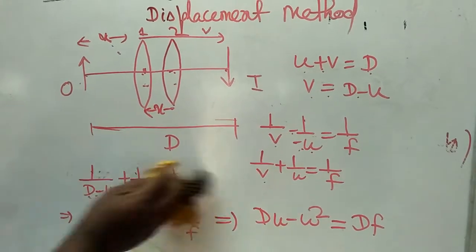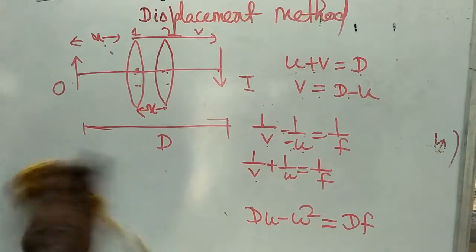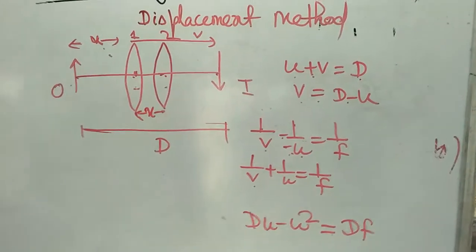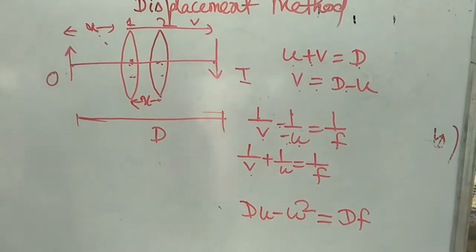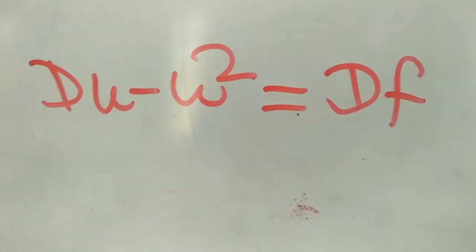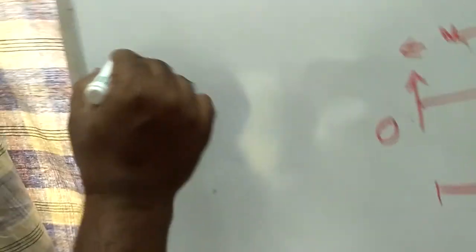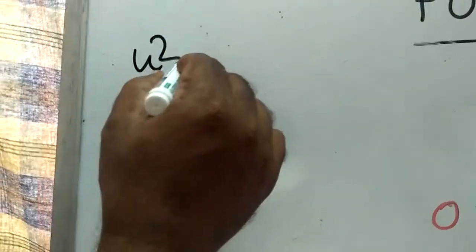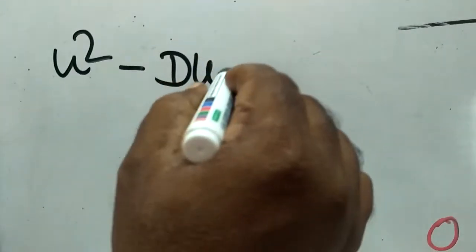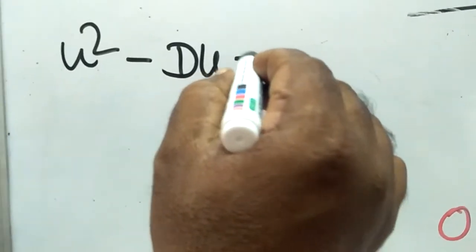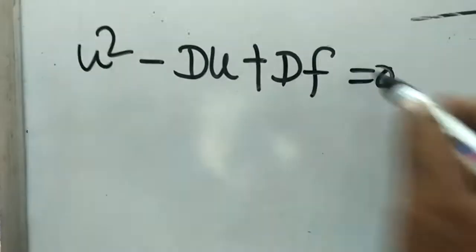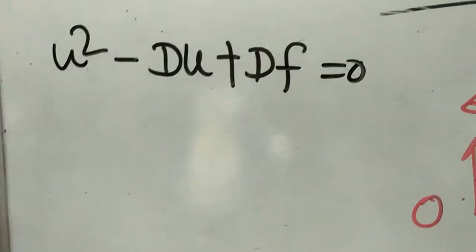If we cross multiply this equation, what do we get? Du - u² = Df. Rearranging it, you will get a quadratic equation. What is the quadratic equation? u² - Du + Df = 0.